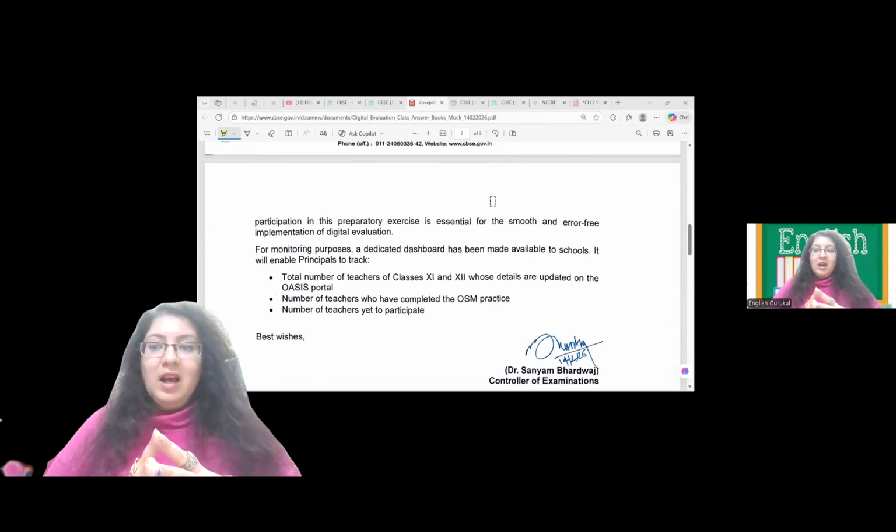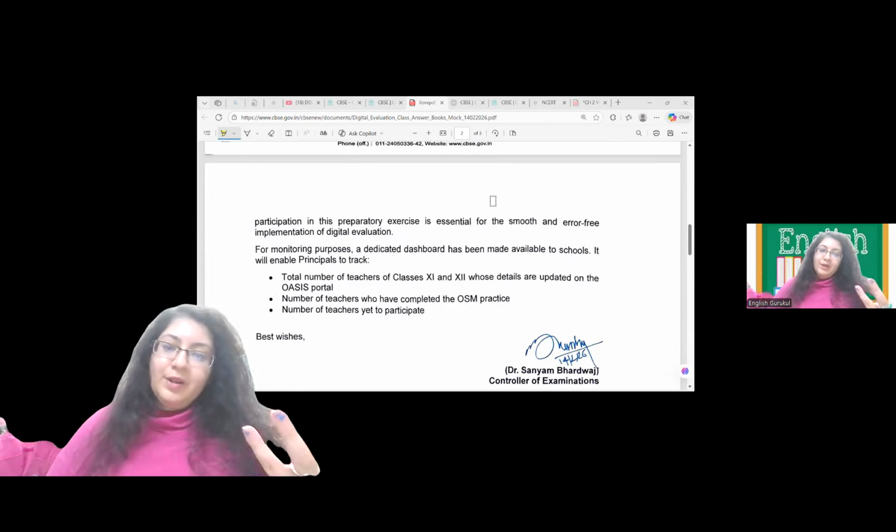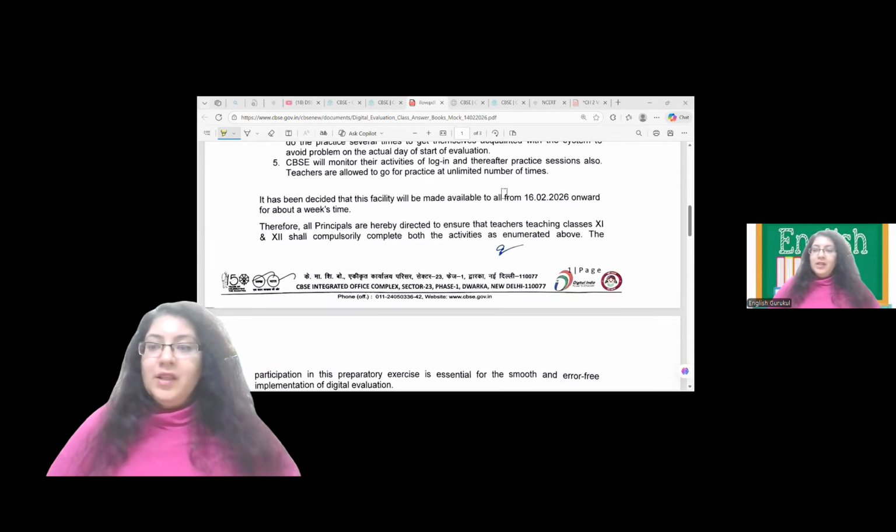So as a pillar, you also support them. The number of teachers yet to participate and the number of teachers who have completed the OSM practice, I've discussed.